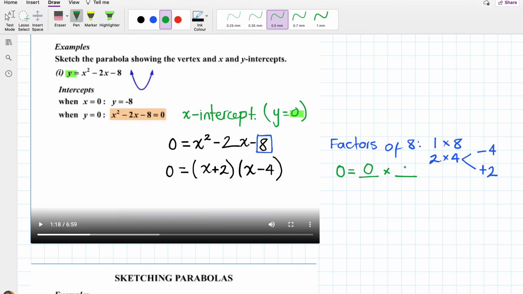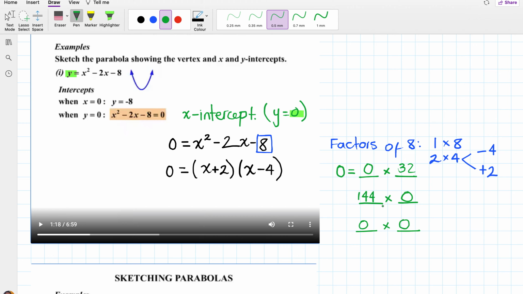If this is 0, it doesn't matter what number I have here. I can have 32, the answer will still be 0. The other option is that the first one is whatever number, and if this one is 0, then it will also be 0. Or the third option is that both are 0.